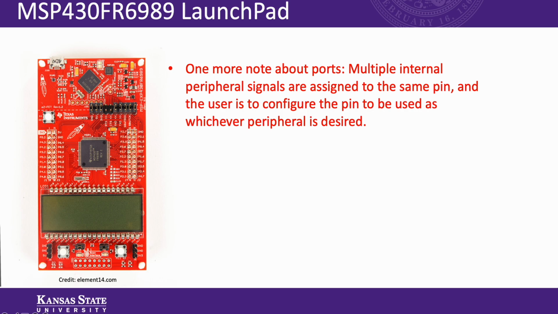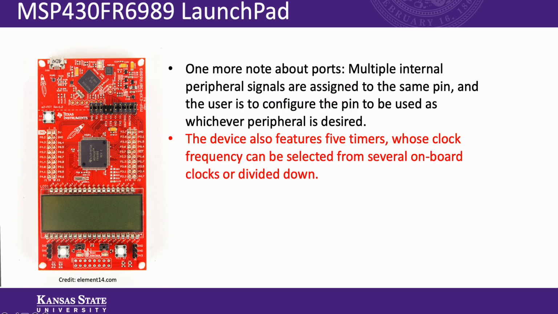This approach, yes, limits some functionality because it's possible that two peripheral signals may be assigned to the same package pin internally, but are both needed by the user. So in this case, the user would need to select a different microcontroller.